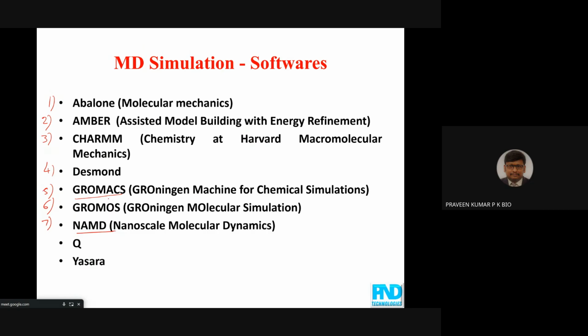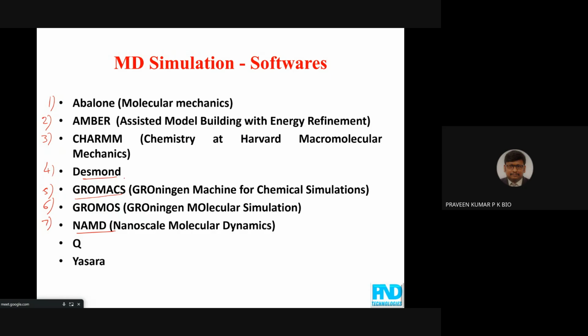So at present the Indians use Gromacs, NAMD, Desmond, and myself, I also tried Desmond, which is from the Schrödinger package. NAMD is actually Nanoscale Molecular Dynamics.